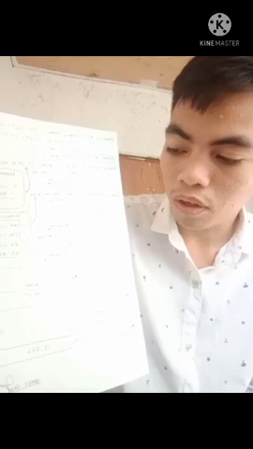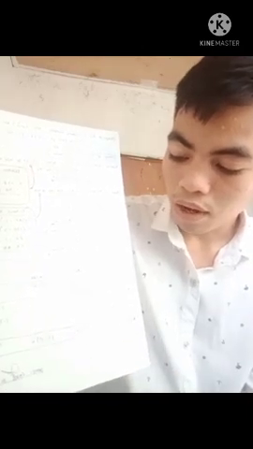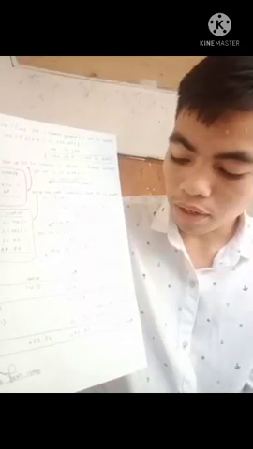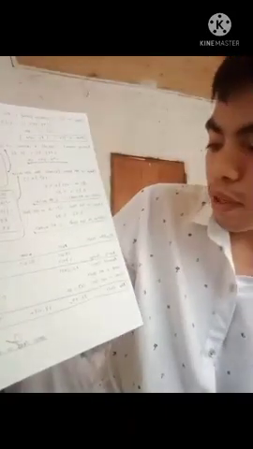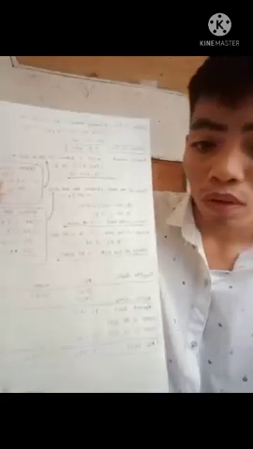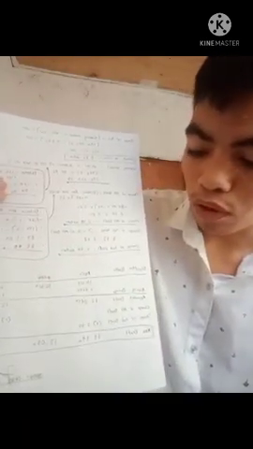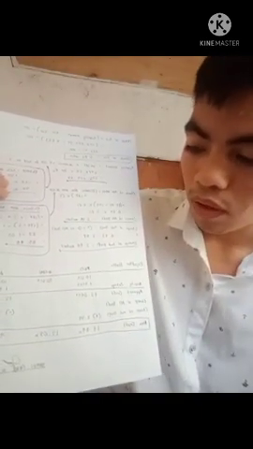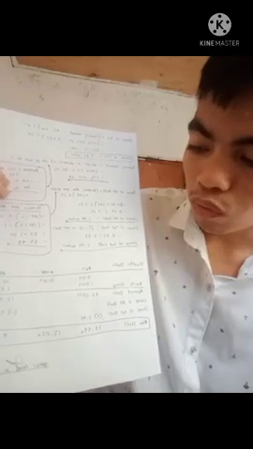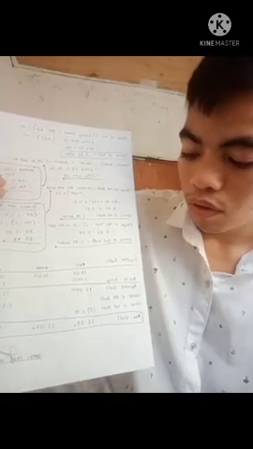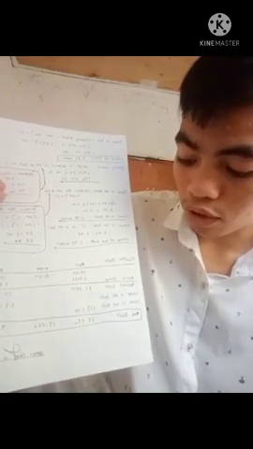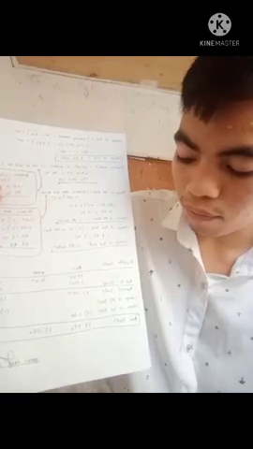Then we solve for the departure drafts. The forward, our forward draft plus bodily sinkage is 12.0455. Then our aft is 12.0455 also.